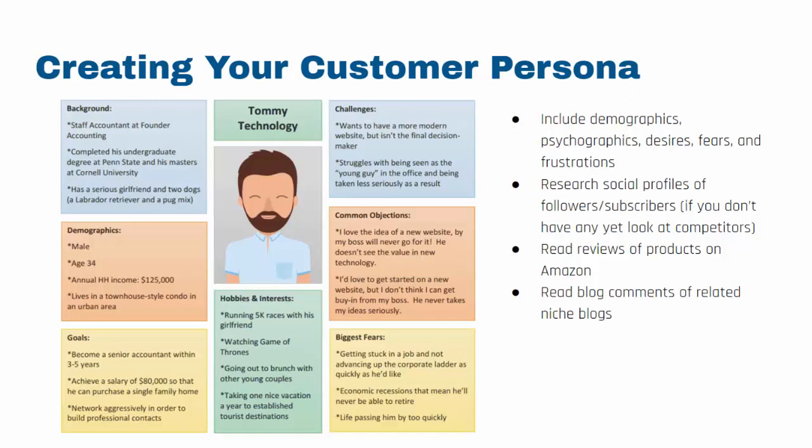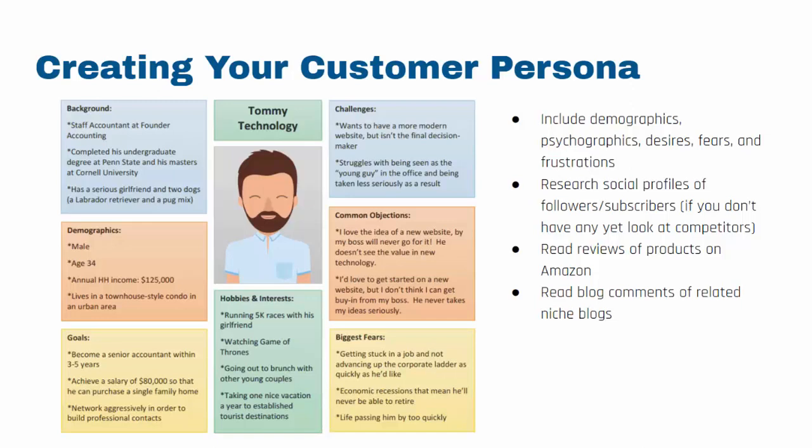Read reviews of products on Amazon, specifically the negative reviews. You want to know what they don't like. The negative reviews are where you find their fears and frustrations. The positive reviews are where you find their psychographics and their desires. Another thing I like to do is read blog comments of related niche blogs, especially the longer ones.